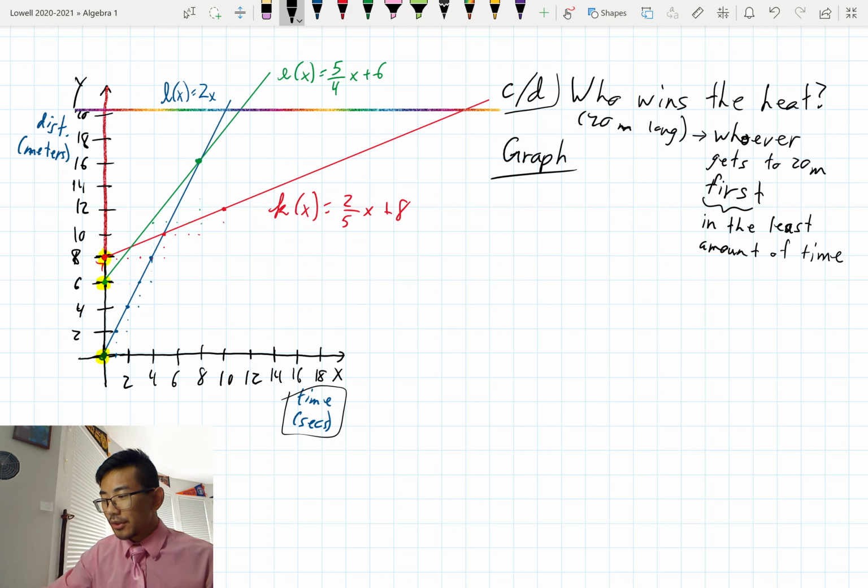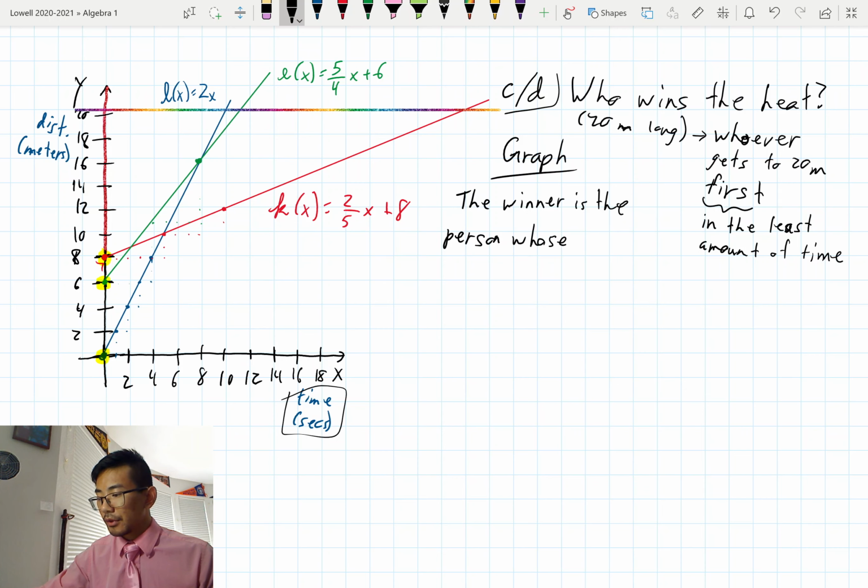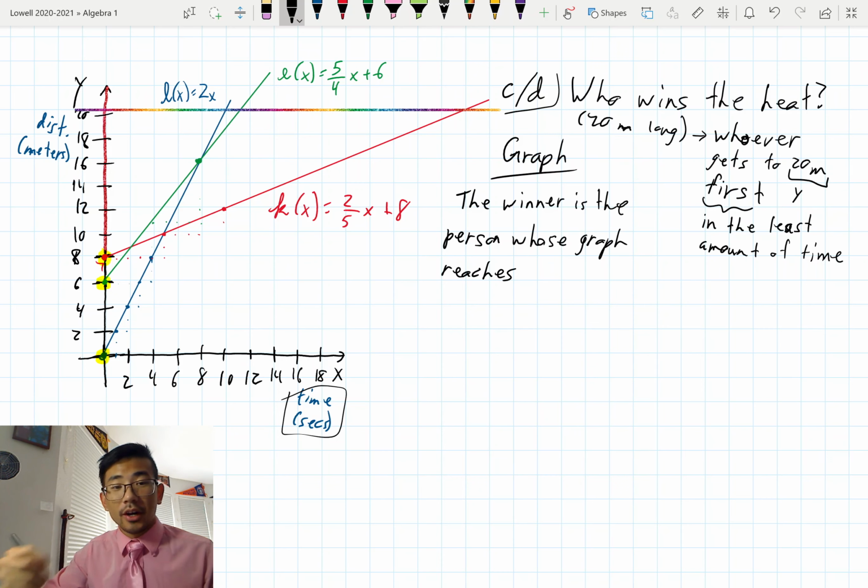And so in this case, really what we're looking for on the graph is that the winner is the person whose graph reaches a y value of 20 meters first. Remember, if distance is the y value, then this 20 meters is the y value.